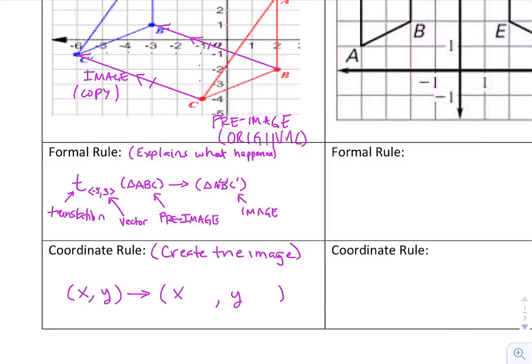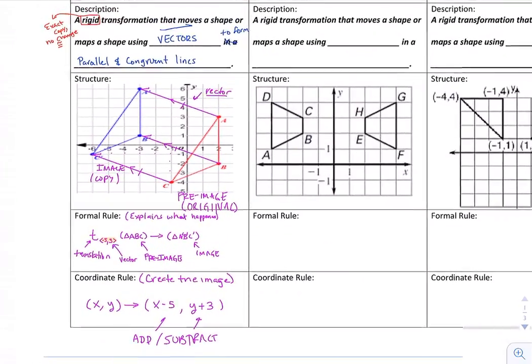Now, if you look at the vector, we can actually read it right off this guy right here. The vector being negative 5 comma 3. That literally says take our x, subtract 5 from it, and our y, add 3 to it. And so whenever you see addition and subtraction, that's a dead giveaway that you actually have a vector motion. Okay, that's not going to be the case for the rules, but that's what's going on.